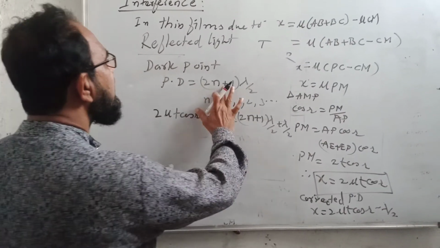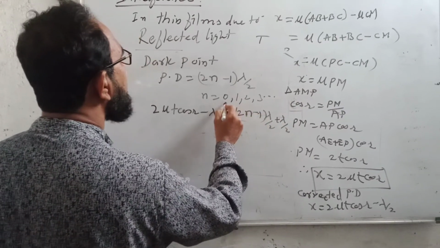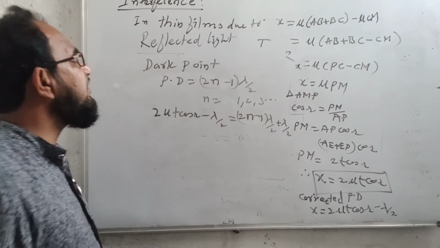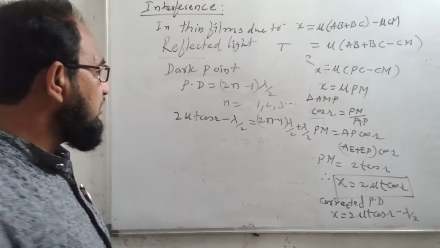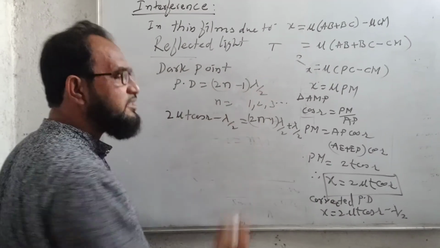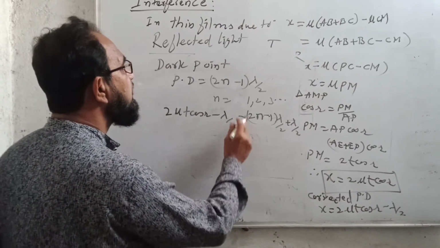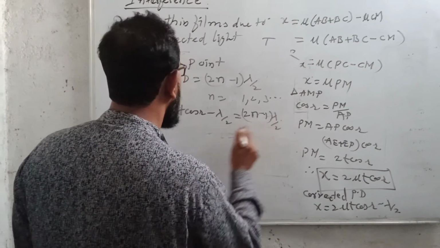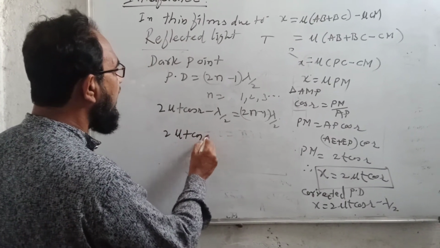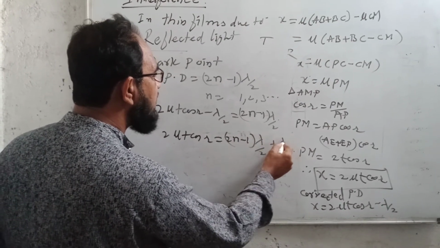You can take the condition as 2n minus 1 lambda by 2 also, when n is starting from 1. When n is starting from 1, you can take n as 1, 2, 3 and so on. So 2 mu t cos r should be equal to 2n minus 1 lambda by 2 plus lambda by 2.